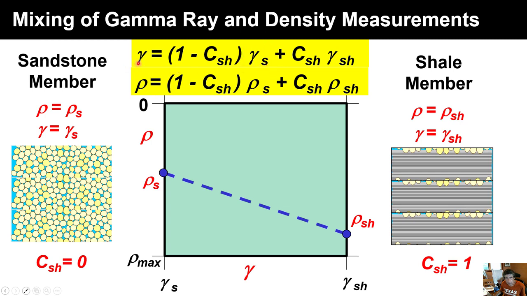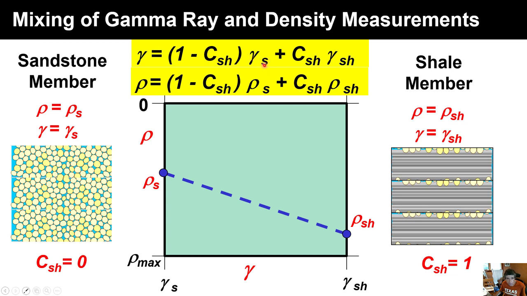And the gamma ray log that we measure is an average of the two values, where the weights of the average sum to 1, and they're equal to the volumetric proportions of each one of the members. So as the volumetric concentration of shale increases at a given point in the well, the value of the gamma ray log for shale dominates. But if we're going into a clean sandstone, then the gamma ray log value of the clean sandstone will dominate in the measurement.